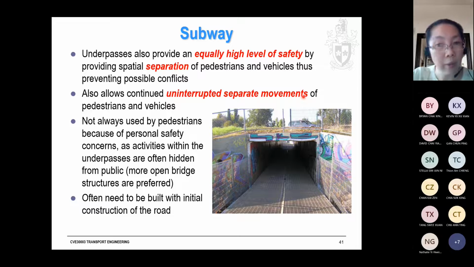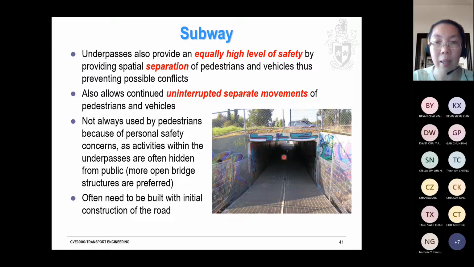And then we have subways. The idea is the same, an equally high level of safety because of the separation. But the issue with subways is that, due to personal safety concerns, activities within the underpasses are often hidden from the public.